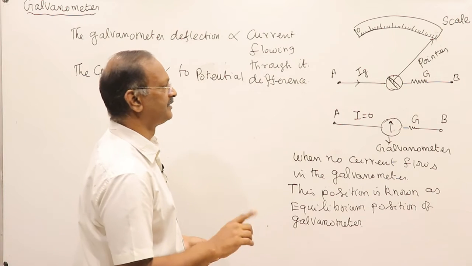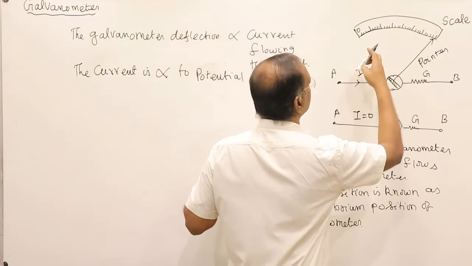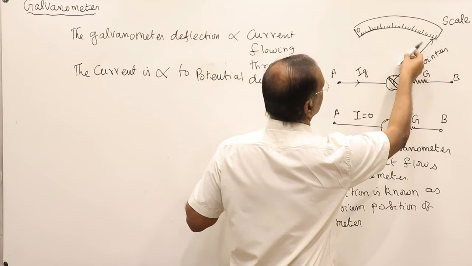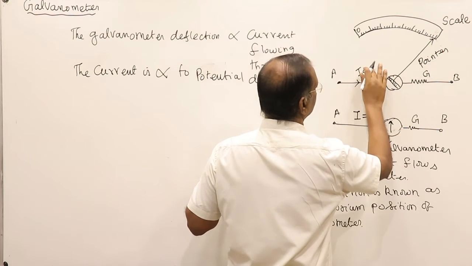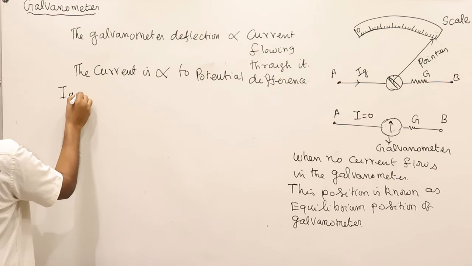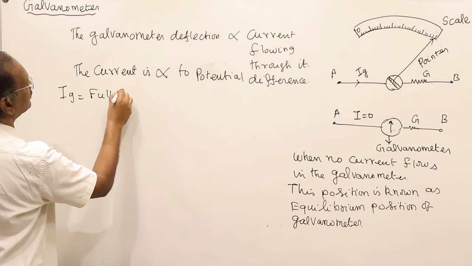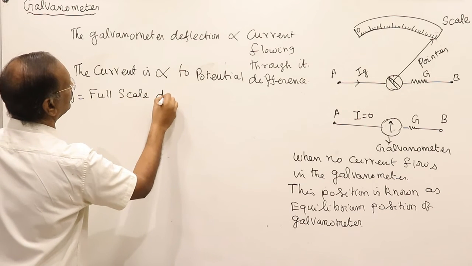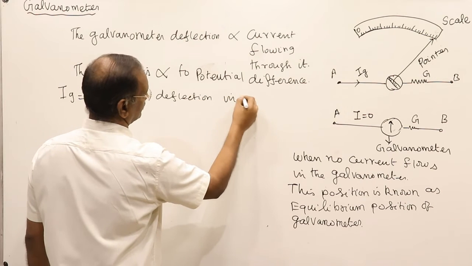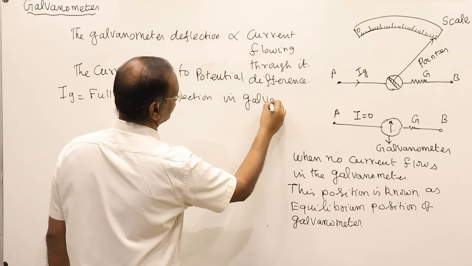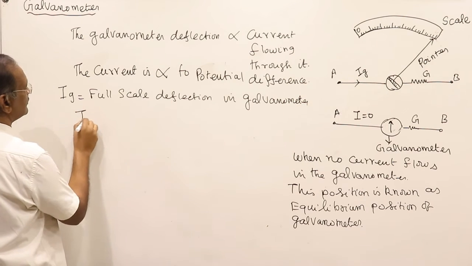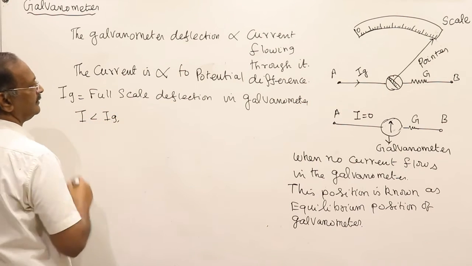So now, full scale deflection. Full scale deflection means the pointer should show up to here. That is called full scale. For full scale deflection, Ig is the current. If I is equal to Ig, it is full scale deflection in the galvanometer.